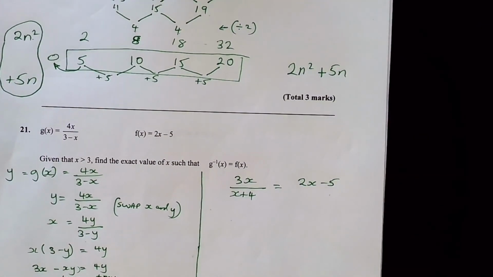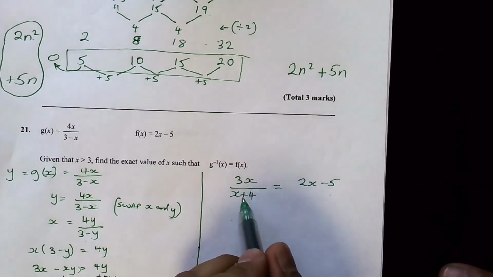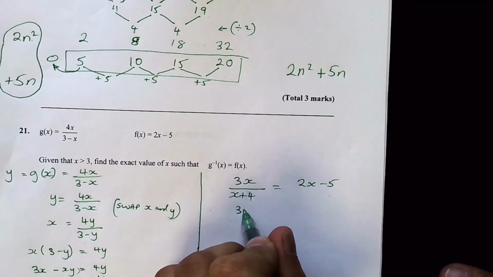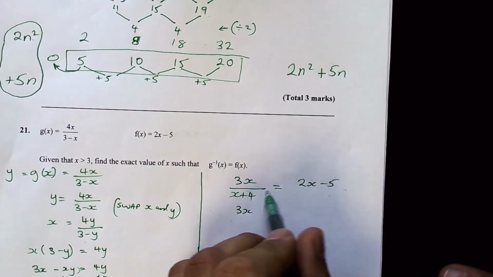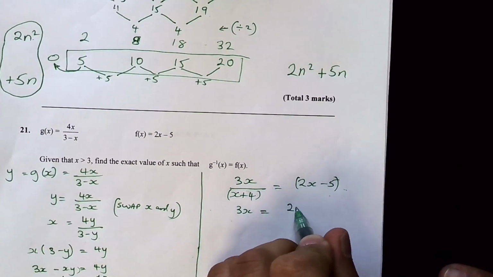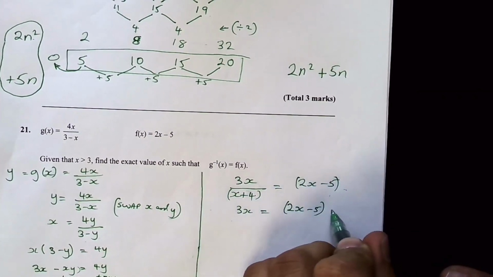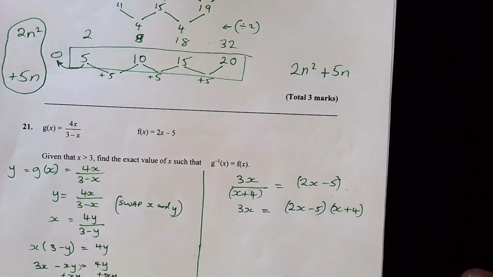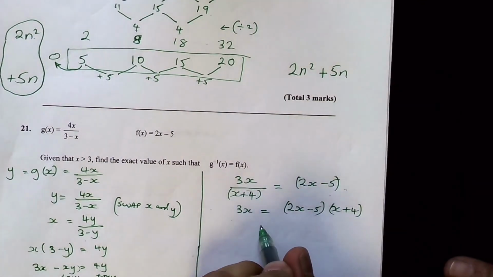And this next part is to do with algebraic fractions. Now I'm going to work out the value of x. So first step, bring the x plus 4 over to this side. So now that becomes, and I'm going to introduce my brackets, 2x minus 5 and x plus 4. I'm going to expand the brackets out.